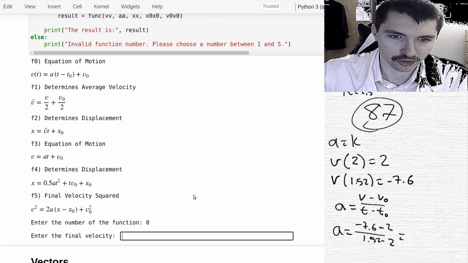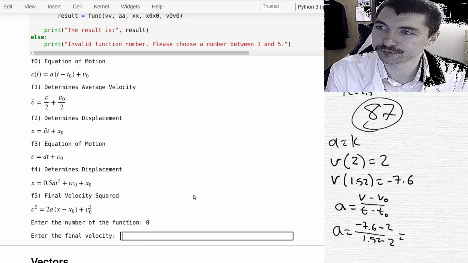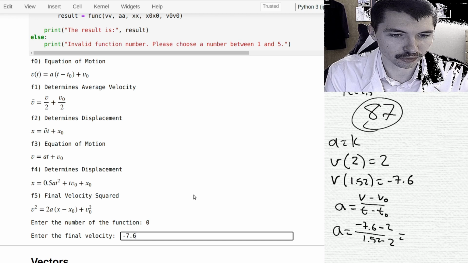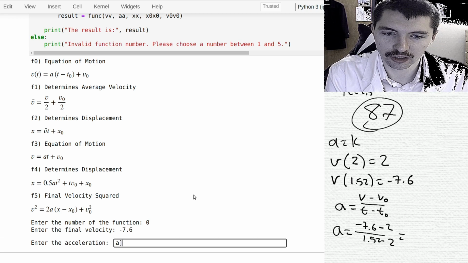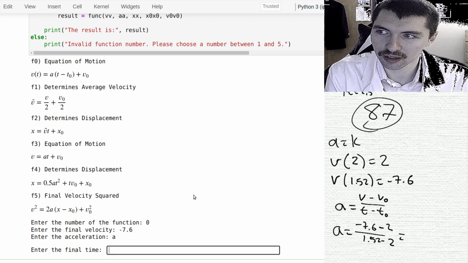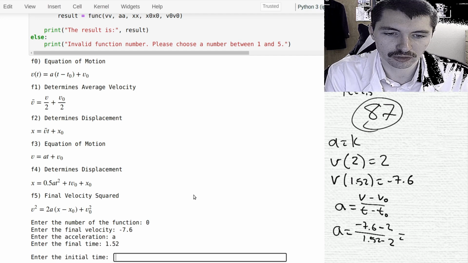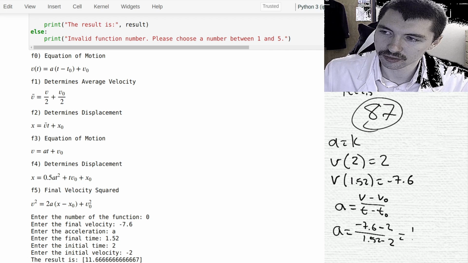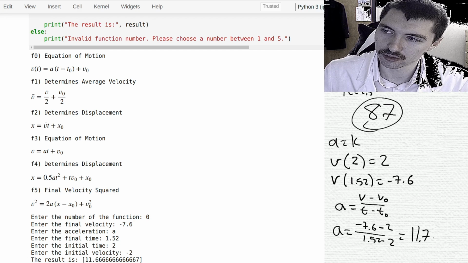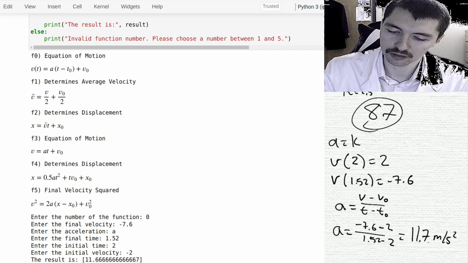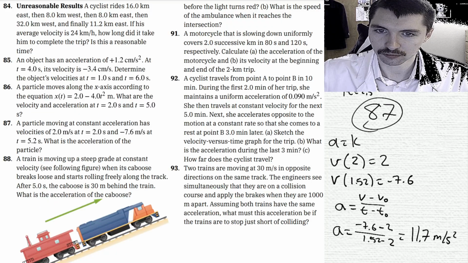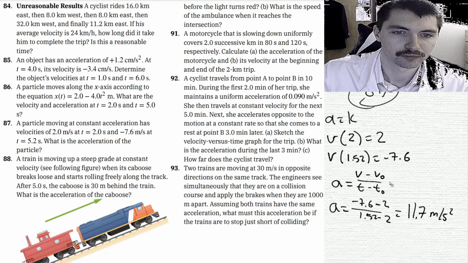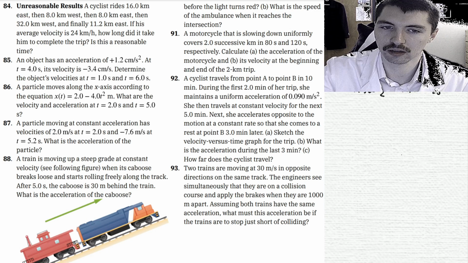So we're going to use equation 0: final velocity negative 7.6, acceleration is what we're solving for, final time is 1.52, initial time is 2, initial velocity is negative 2. So we're getting 11.7 meters per second squared. Okay. Moving on.